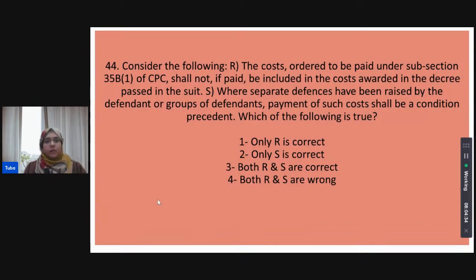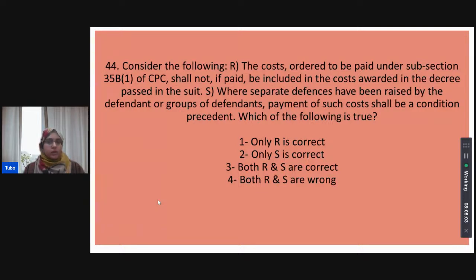All right, a reasoning and statement-based question now. I'll give you a bit of time to read it, but I'll recite it once. There are two statements, R and S. R is that the costs ordered to be paid under subsection 35B(1) of CPC shall not, if paid, be included in the costs awarded in the decree passed in the suit.